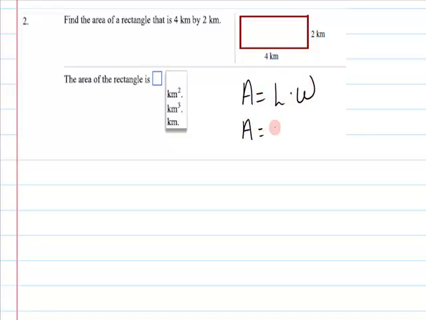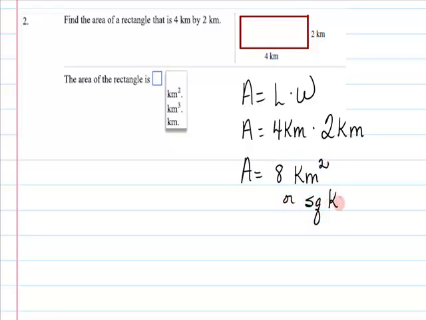So it is 4 kilometers by 2 kilometers. And by the way, it does not matter whether you call this the length or the width. The problem turns out to be the same. So the area is 4 times 2 gives us 8. Kilometers times kilometers is kilometers squared, or square kilometers.